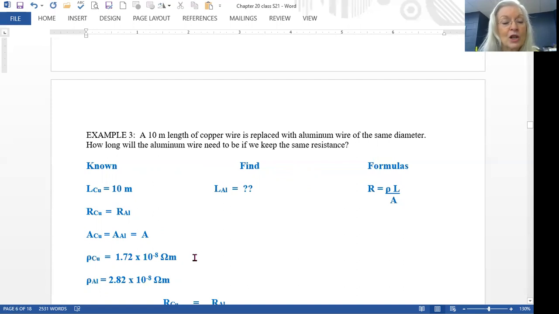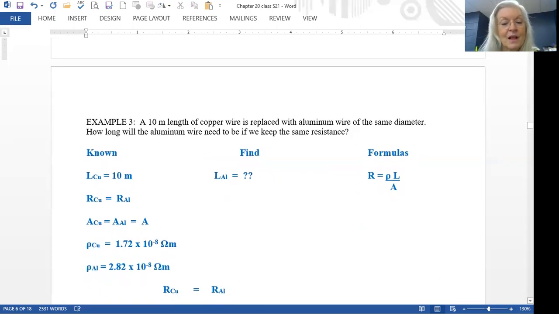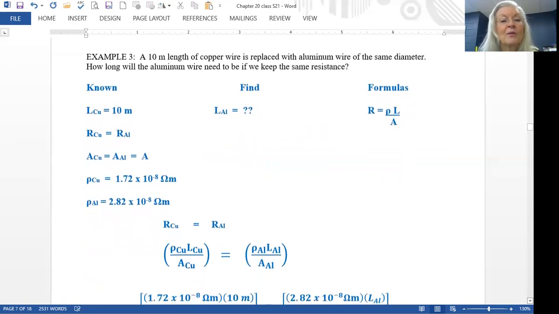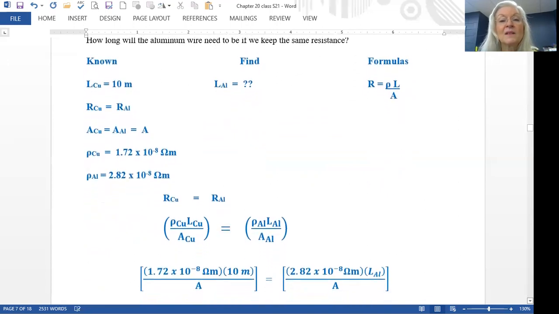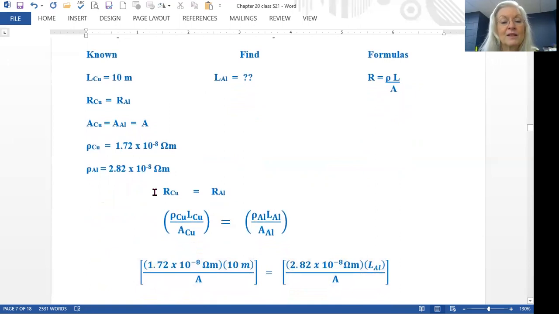And we're able to look up the resistivity for copper and the resistivity for aluminum. We look those up in the table. And we're trying to find the length of the aluminum wire, and we just need this one equation, R equals rho L over A. So we'll start out with that. We'll say, okay, the two resistances have to equal each other. Resistance of copper equals resistance of aluminum.